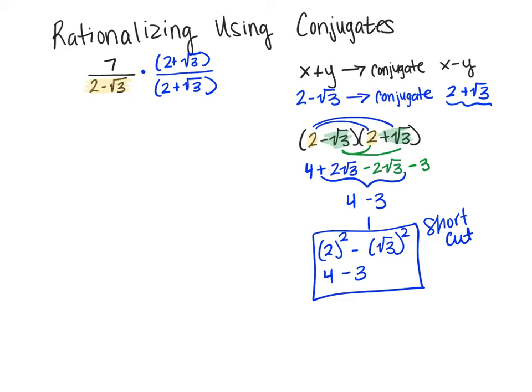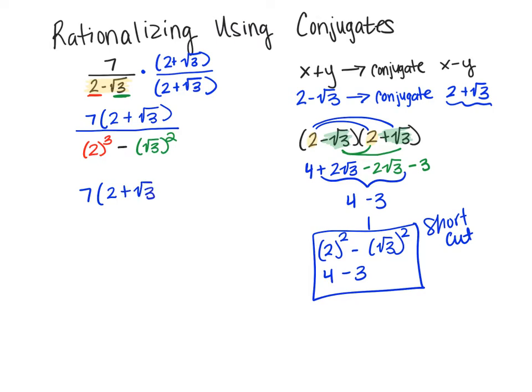So let's apply the shortcut to the problem that we started. So at the top we have 7, that's going to be multiplied by 2 plus root 3. And then at the bottom we have that shortcut, so we're going to take the first term and square it. Then we are going to take the second term, which is square root of 3, and square it.